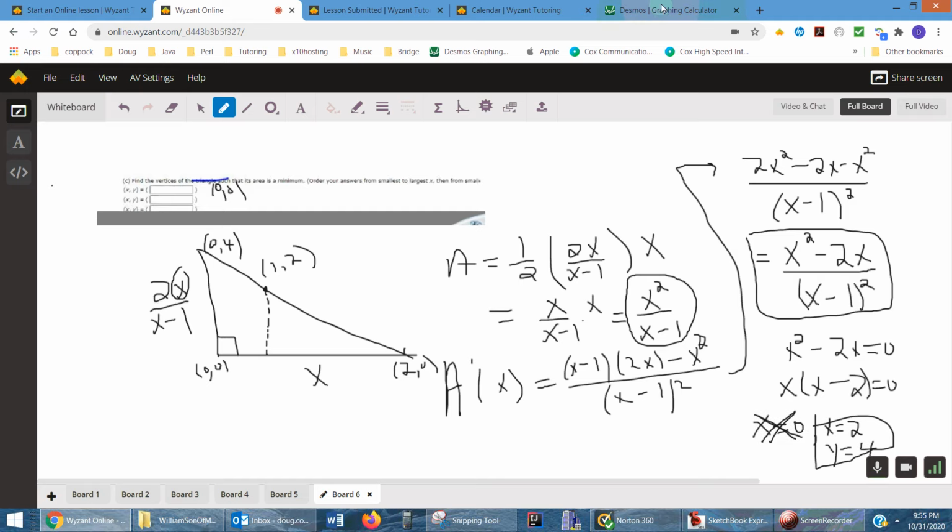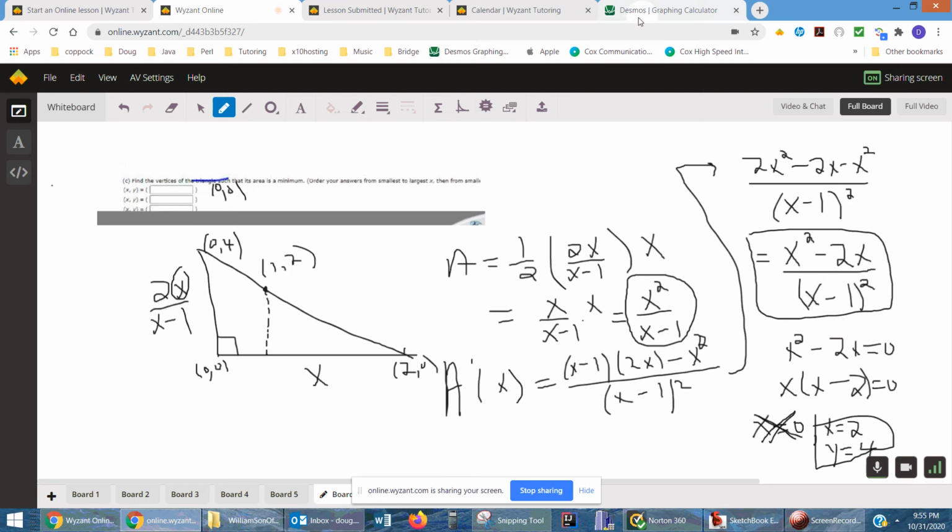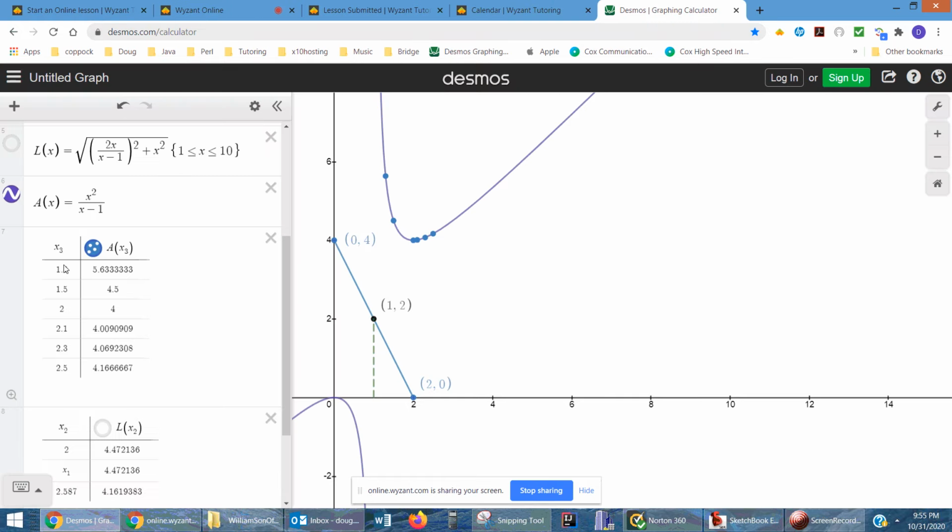If I go back to Desmos, actually I don't need to share my screen. Back to Desmos, here's the A of x function, x squared over x minus 1, and here's a little table showing the possible values. And this is actually the graph of A of x.